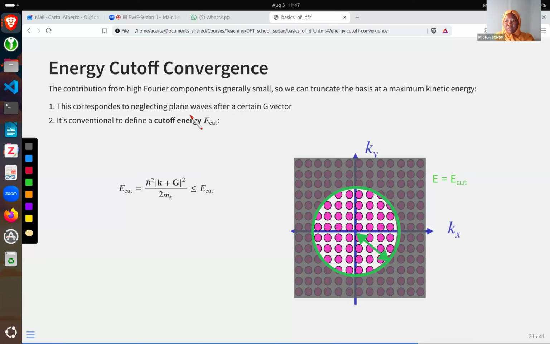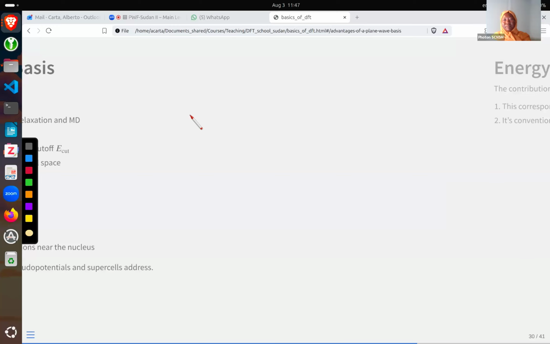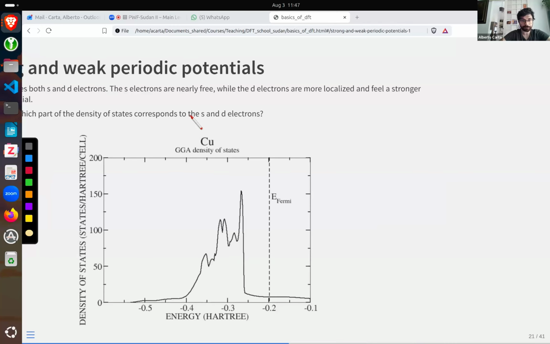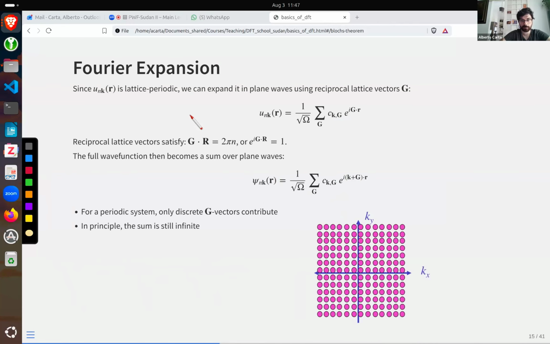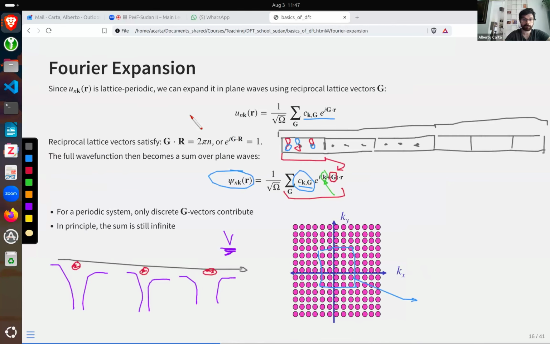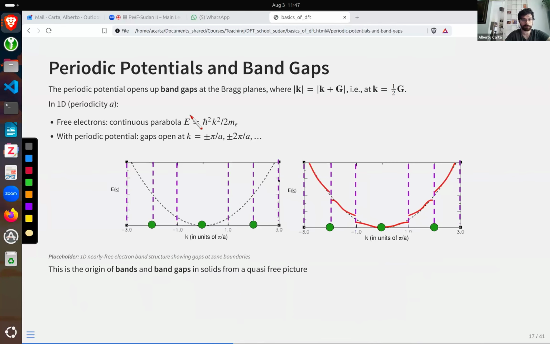So we have a question in the chat. Why do energy gaps appear at the Brillouin zone boundaries? So the reason is that this potential changes the shape of this parabola.